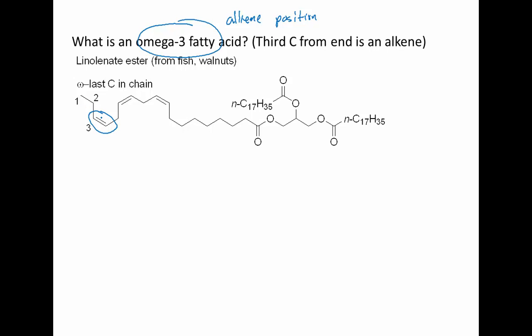That's an omega-3 fatty acid. And that's not quite as common in nature. There are not that many sources that produce it, mostly fish and walnuts and I guess flaxseed and a few things like that, so it's not as common as other double bond locations.